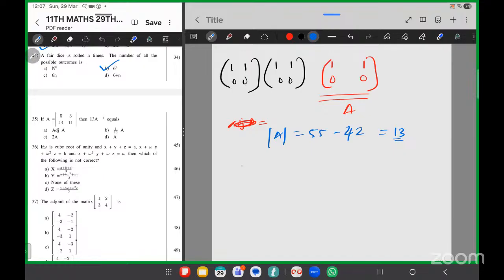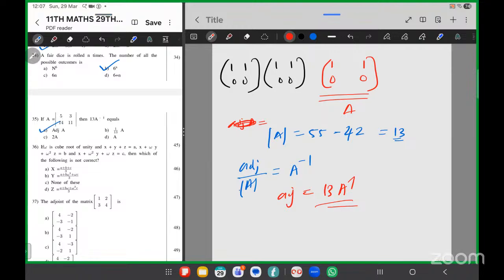So adj A by determinant A is A inverse. So determinant A is 13. So adj A can be written as 13 into A inverse. So 35 option A is the correct answer.